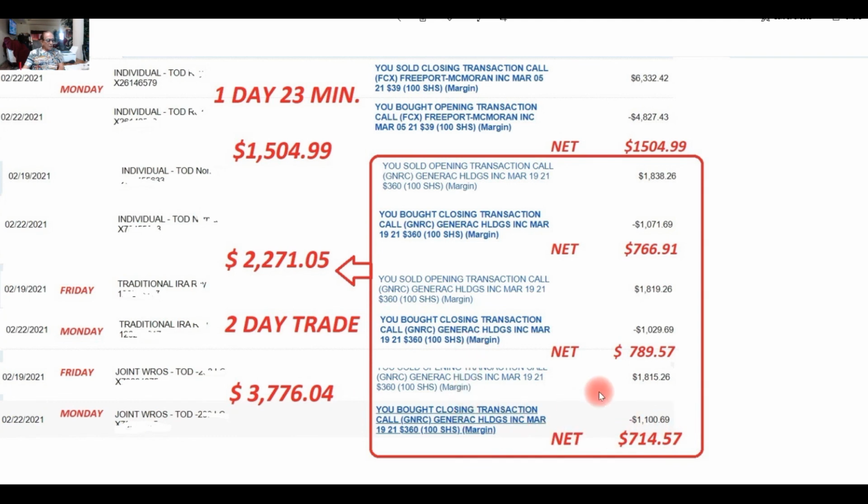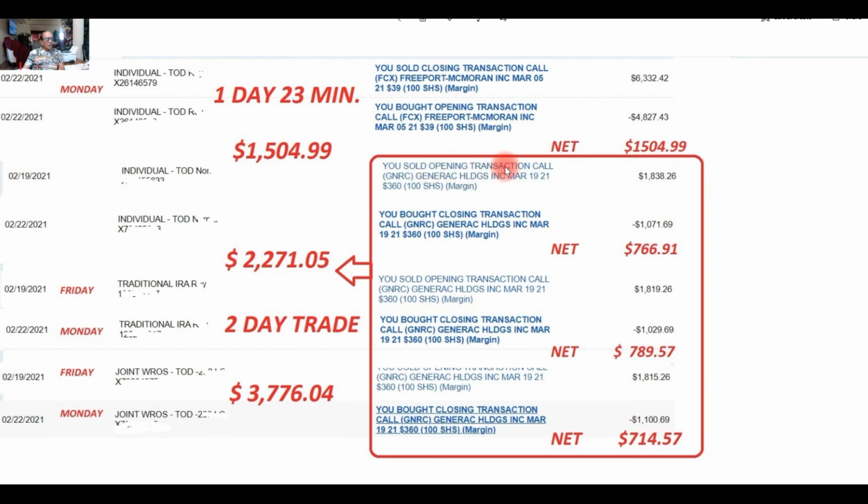So you bought and you sell. So if you buy it for $1,000 and sell it for $1,800, that leaves you $714. We bought it for $1,000, sold it for $1,819. That gave another $789. We bought it for $1,000 and sold it for $1,800. It let us $766.